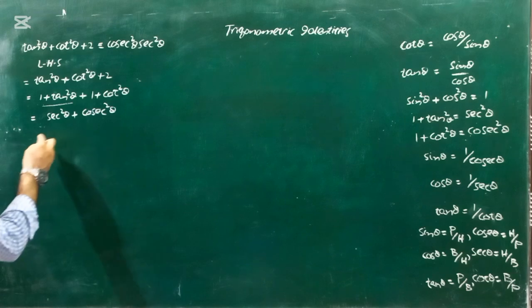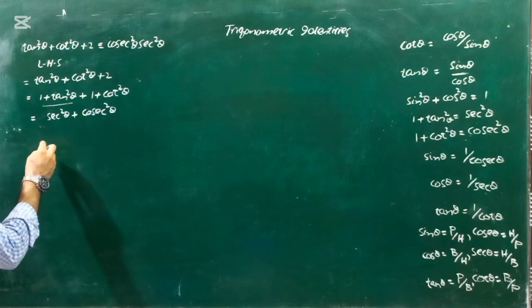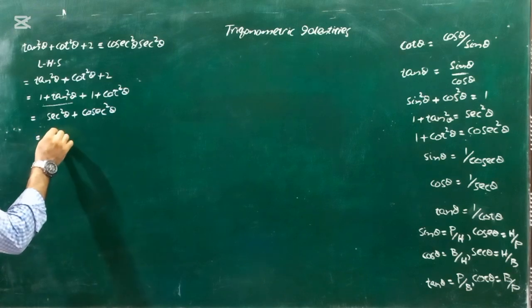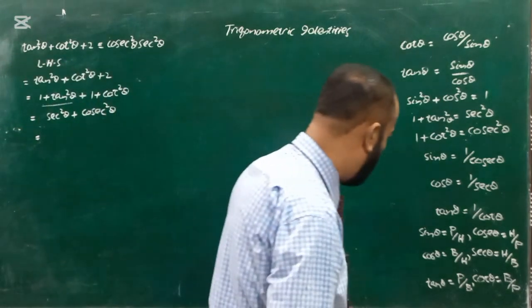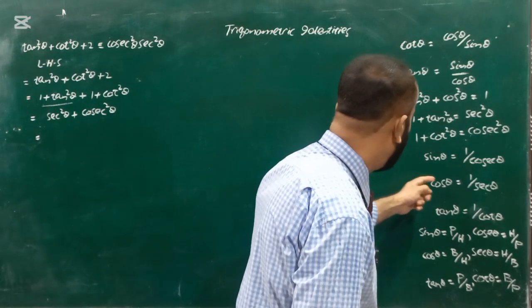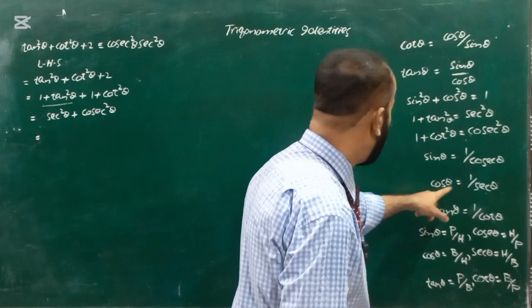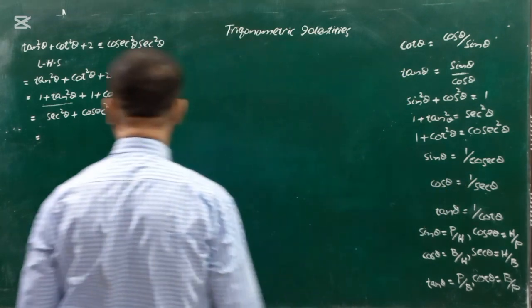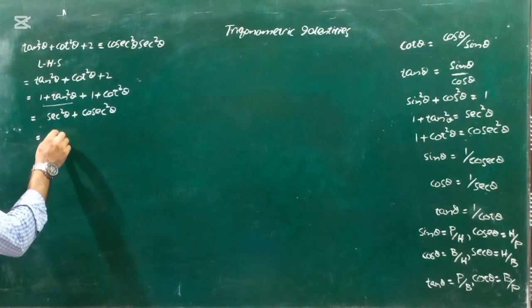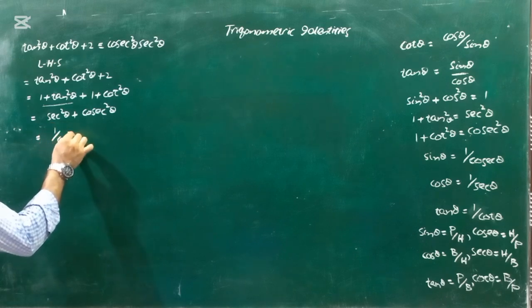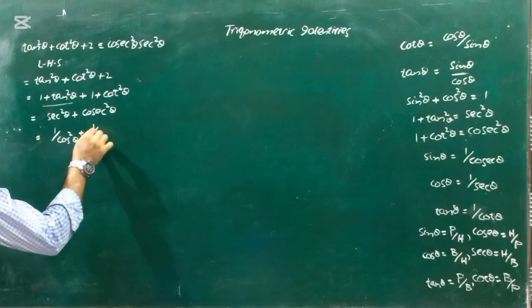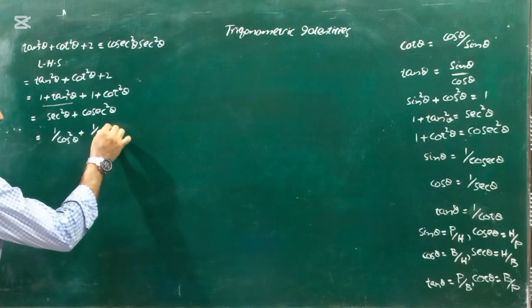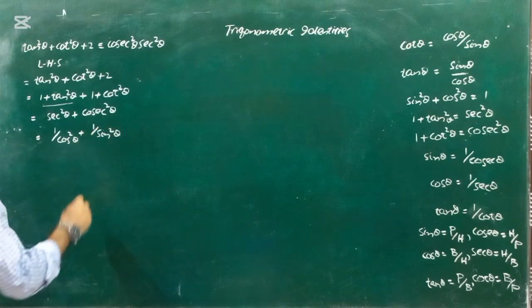So secant square theta plus cosecant square theta is equal to, okay, secant is the reciprocal of cos, and cosecant is the reciprocal of sine. So it means 1 over cos square theta will be equal to secant square theta, and 1 over sine square theta will be equal to cosecant square theta.